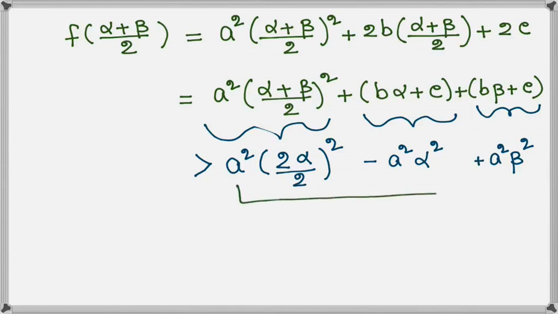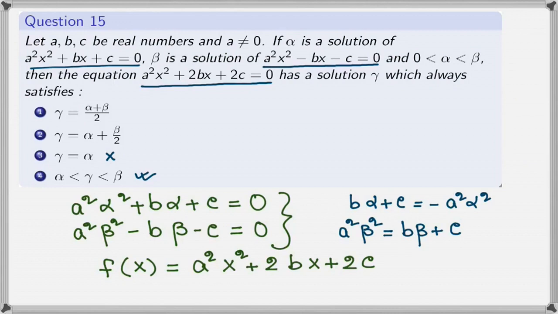So altogether this is equal to a square into beta square, which is strictly bigger than 0. So we have f of alpha plus beta divided by 2 is strictly bigger than 0, and this proves that alpha plus beta divided by 2 cannot be a solution of f of x equals 0. So the first option is not correct.